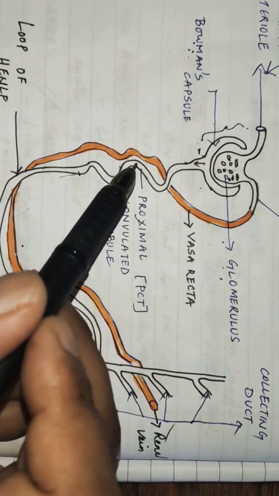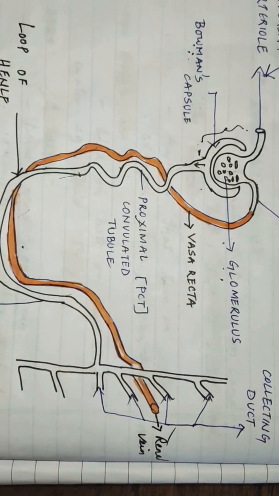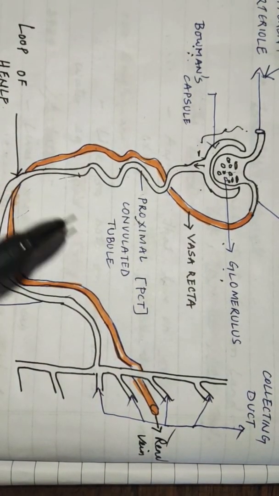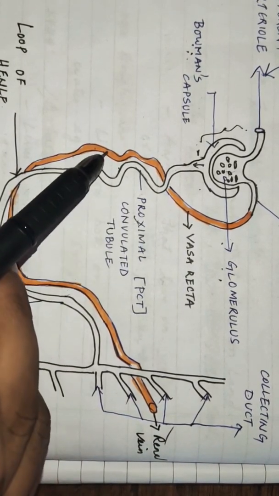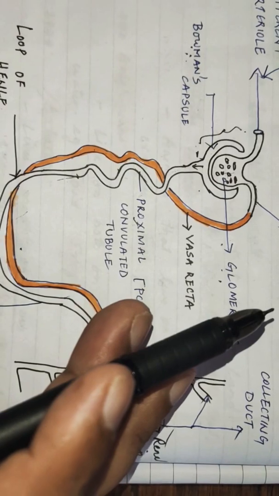It flows parallel to the nephron because the process of reabsorption has to take place from urine to blood. So the proximal tubule and the vasa recta are parallel to each other.